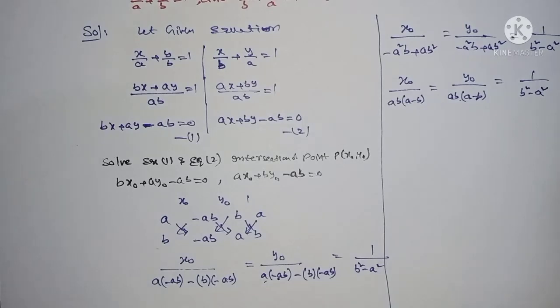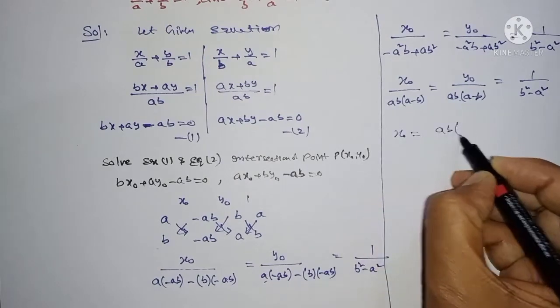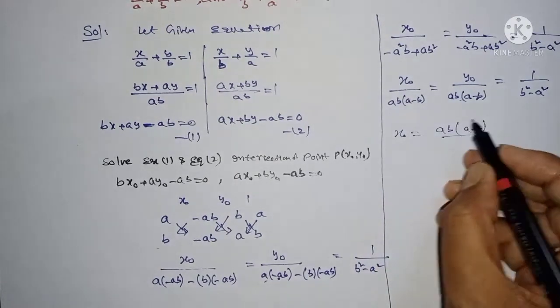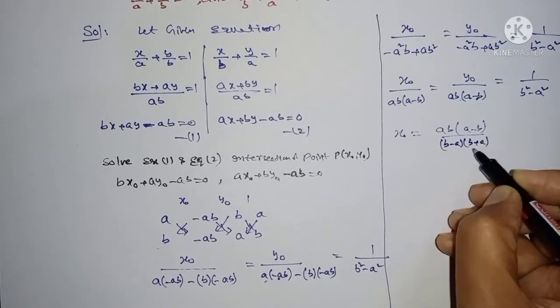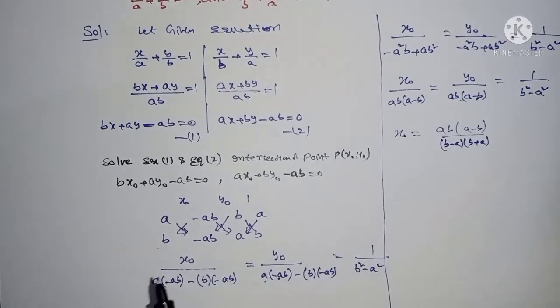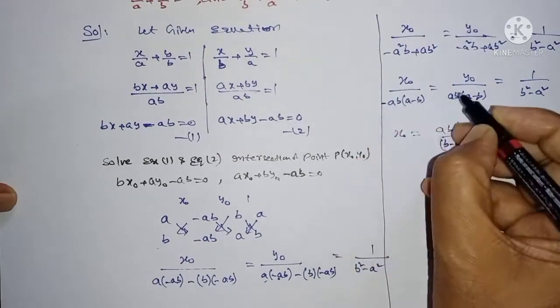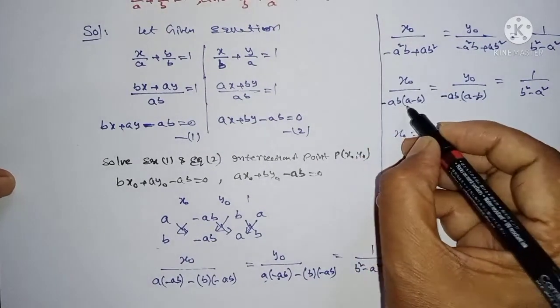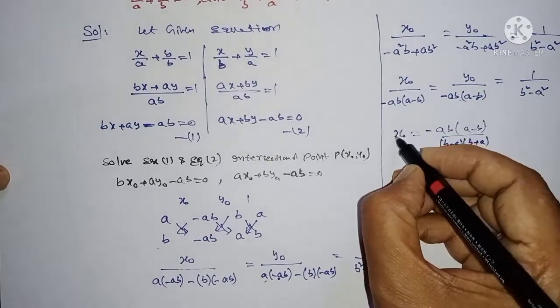Therefore x naught is equal to ab by (a - b) by, this can be (b - a)(b + a). Here I can take minus common, so minus minus becomes minus.